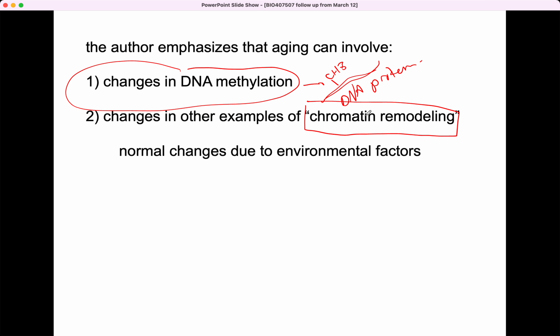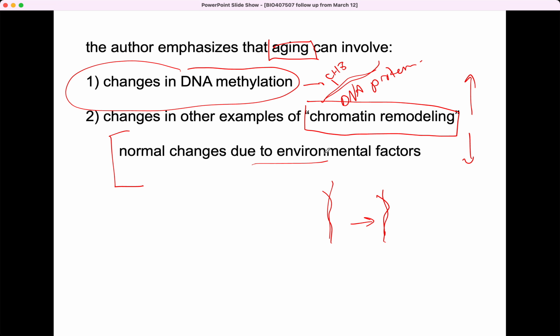And this chromatin remodeling leads to increases or decreases in gene expression. And so aging can involve changes in DNA methylation that we just talked about. And then the author has one section on one slide that it can also include other stories in this chromatin remodeling. In general, chromatin remodeling gets replicated when the DNA gets replicated.